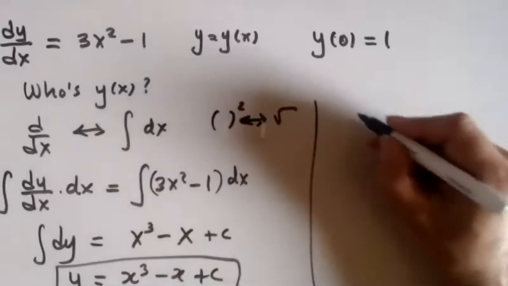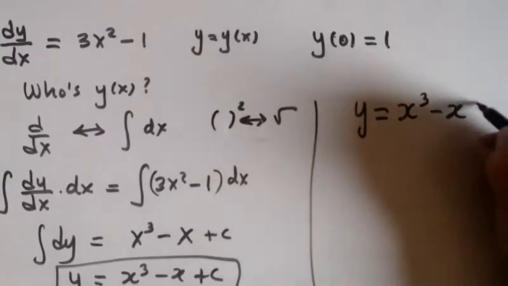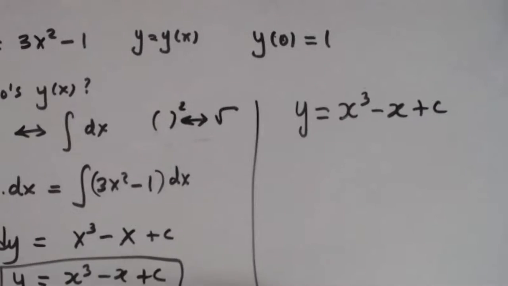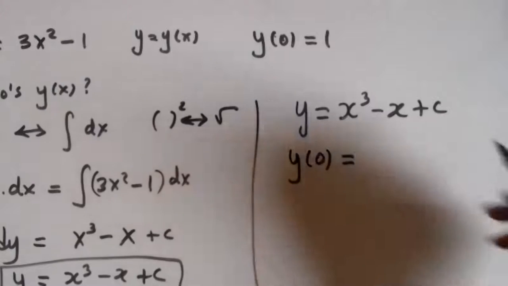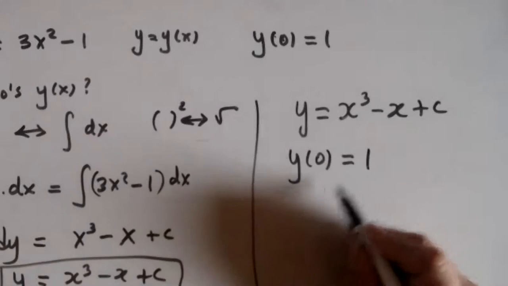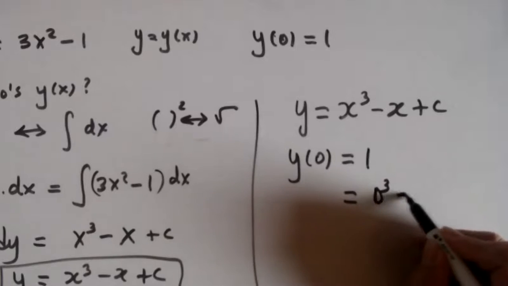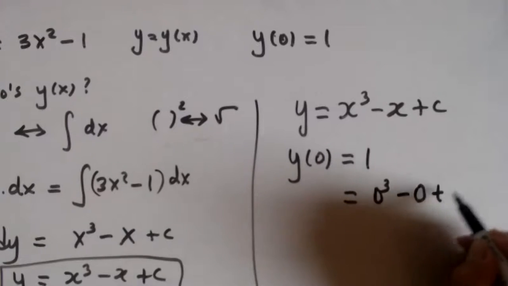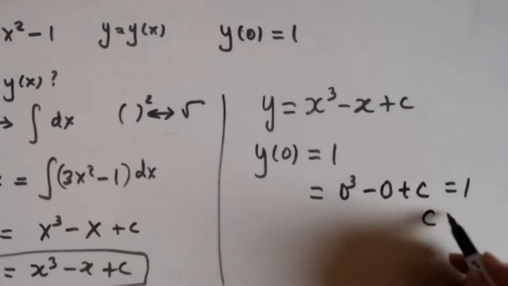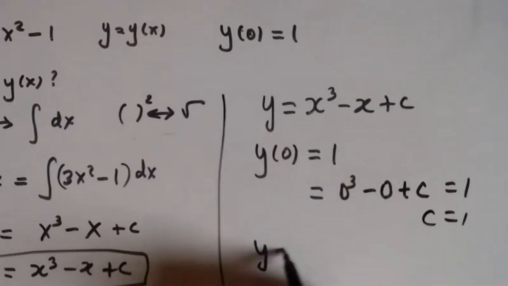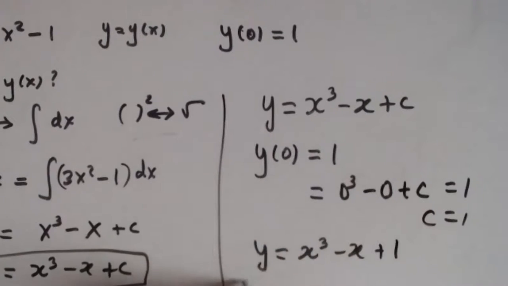So you know that y equals x cubed minus x plus c, and y of 0 is 1. So you put a 0 right here. So you have 0 cubed minus 0 plus c equals 1. And you immediately solve that c equals 1. So my solution is going to be y equals x cubed minus x plus 1, correct?